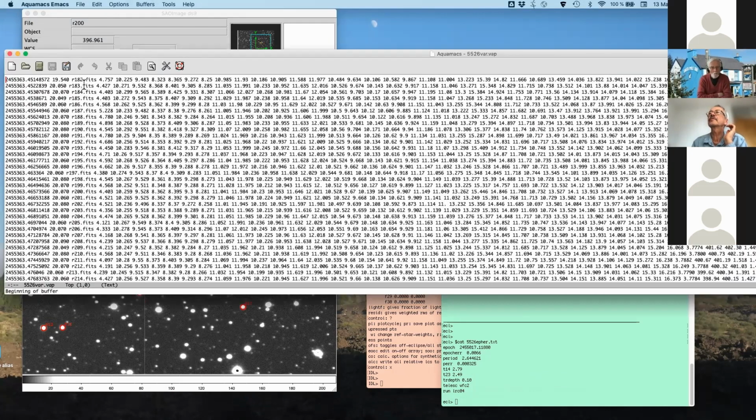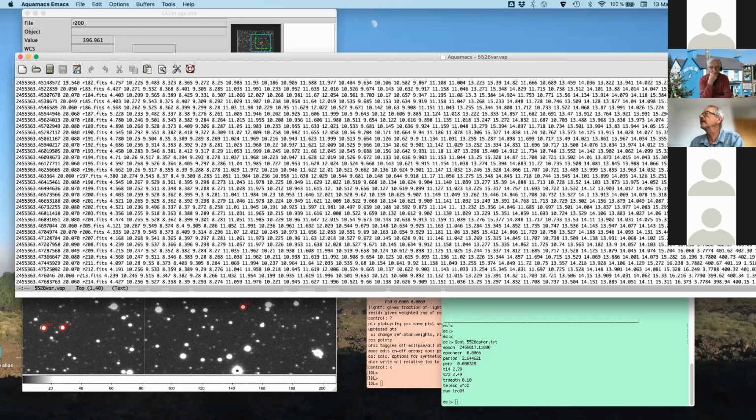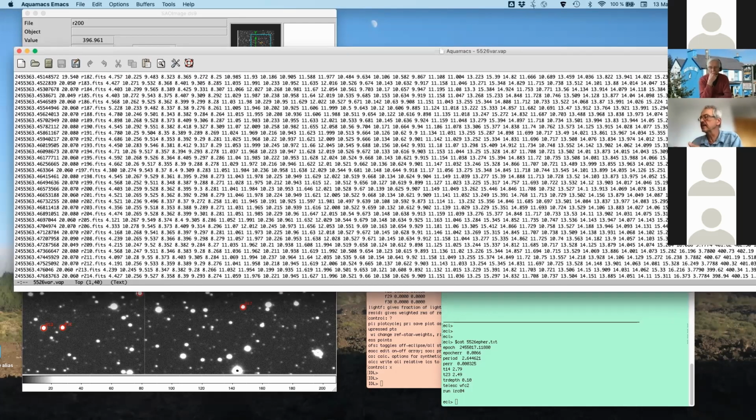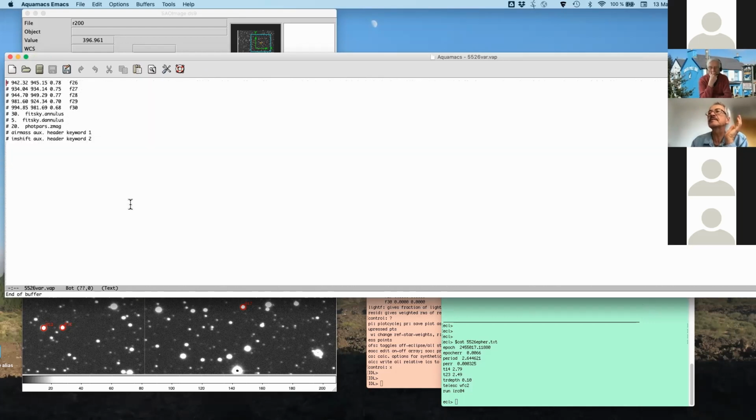You see here to the left the Julian dates, the exposure time, the name of the image, and then comes a large set of numbers, which are, I think the first one is the full width half max actually, but then come uncalibrated brightnesses of the target and of all the stars that were used in this extraction, over 30. And also some more indicators in the end, sky brightness, and shifts that happen during the photometric reduction, and I'll show that later. So we have basically a program that interprets this table.